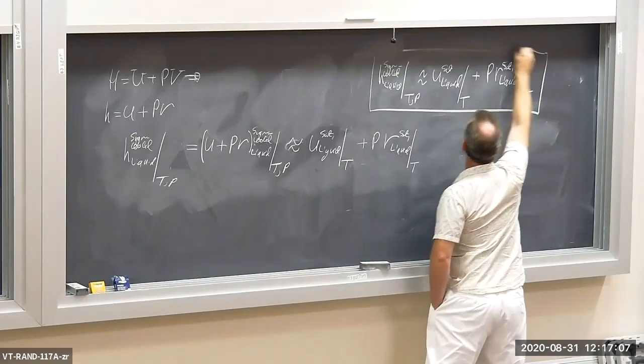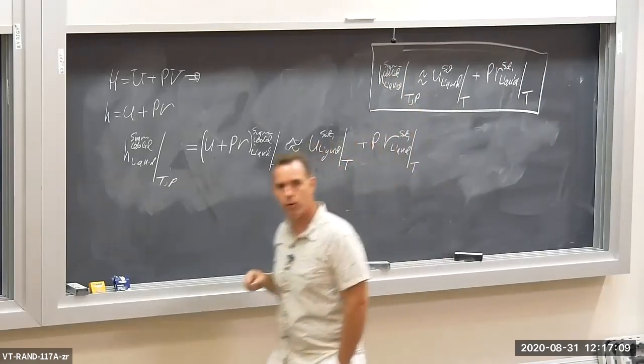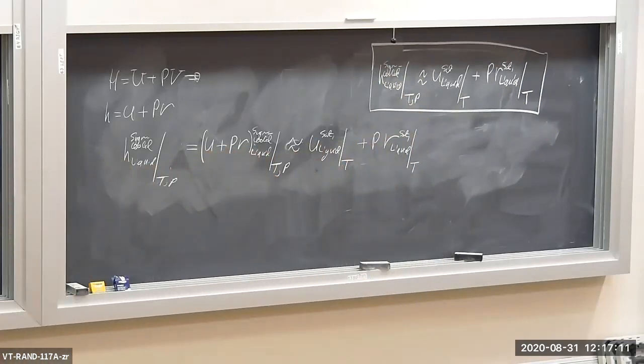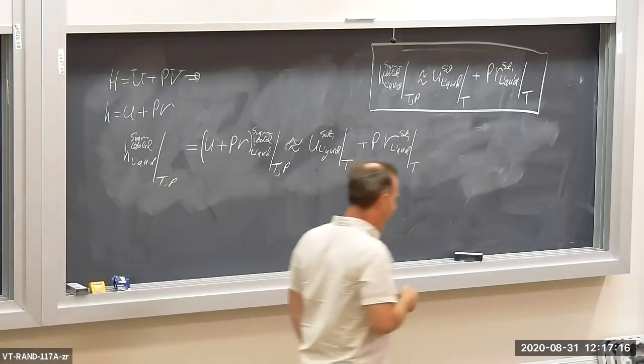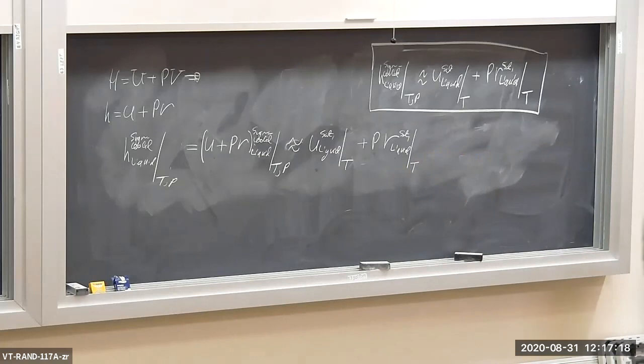Okay, so you should have three boxed expressions now so that you can calculate internal energy, specific volume, and enthalpy for a supercooled liquid.